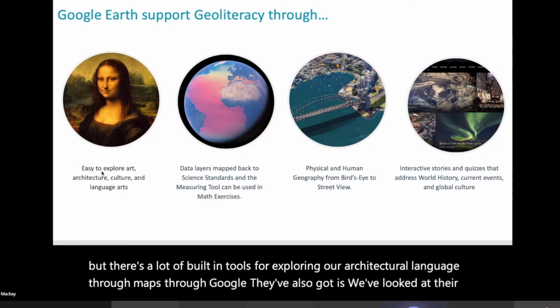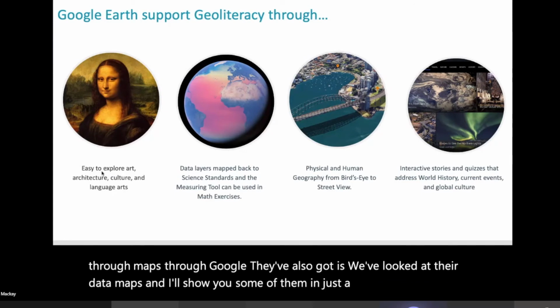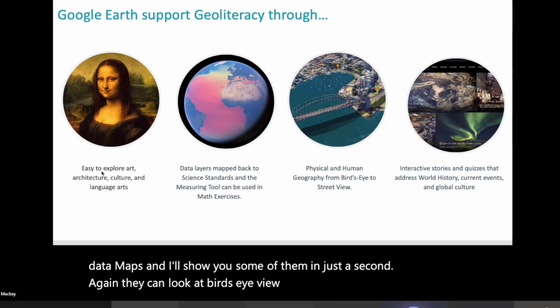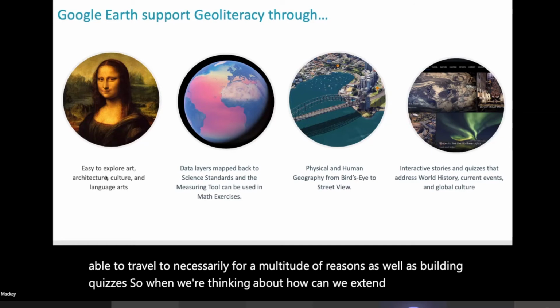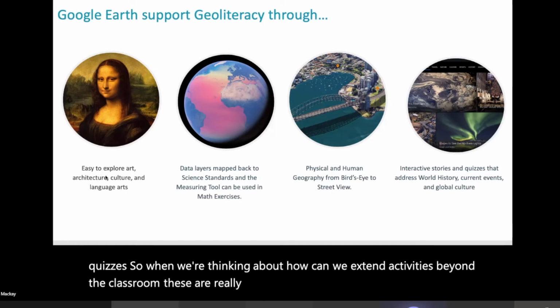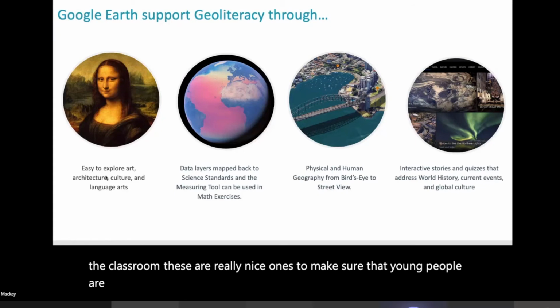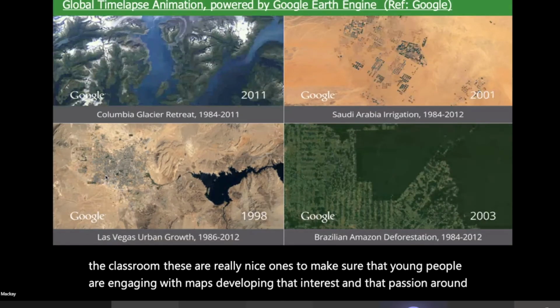They've also got, as we've looked at, their data maps, and I'll show you some of them in a second. And again, they can look at bird's eye view, so locations we may not be able to travel to necessarily for a multitude of reasons, as well as built-in quizzes. So when we're thinking about how we can extend activities beyond the classroom, these are really nice ones to make sure that young people are engaging with maps, developing that interest and that passion.